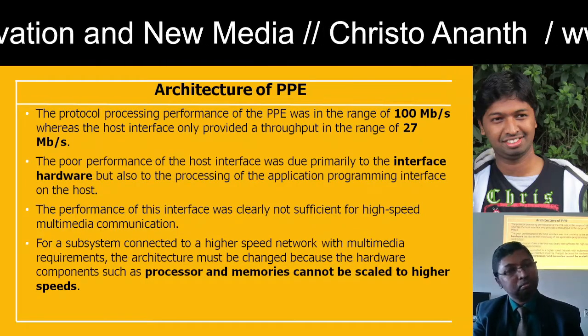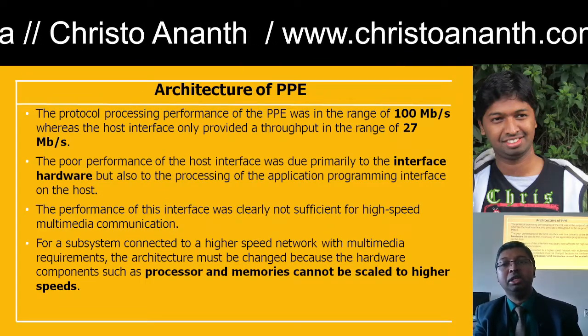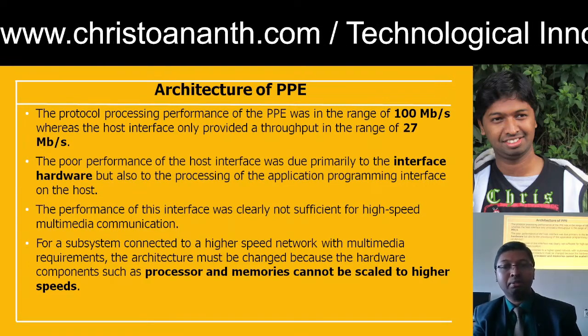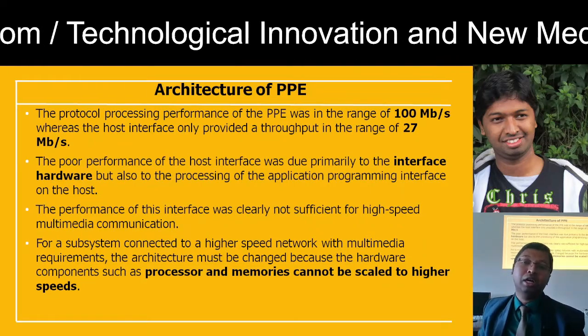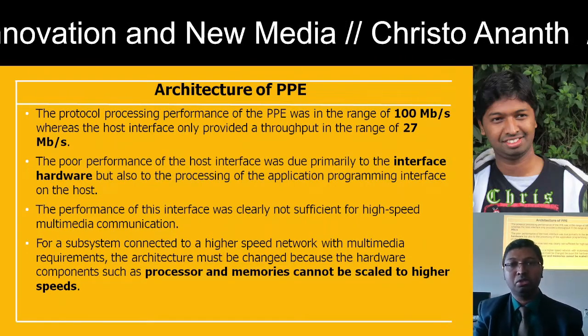Still the performance is not sufficient for high speed networks. For high speed networks it is still not functioning well, and the processor memory cannot be scaled to high speeds. That's what I'm telling you. This interface hardware is not actually suitable for high speed networks.